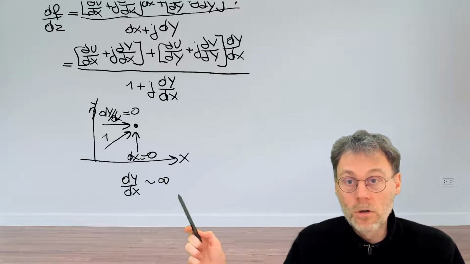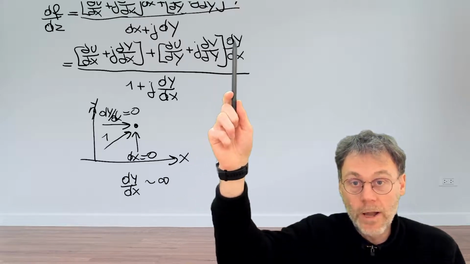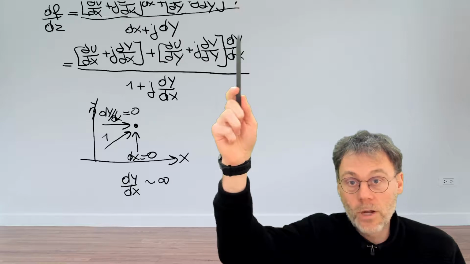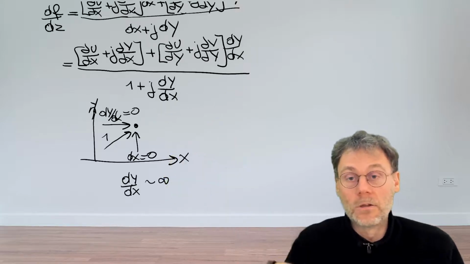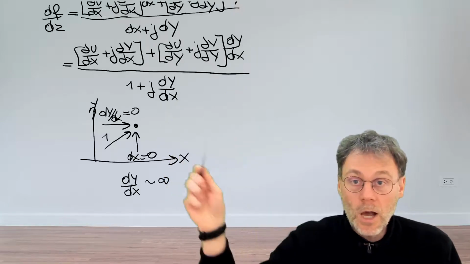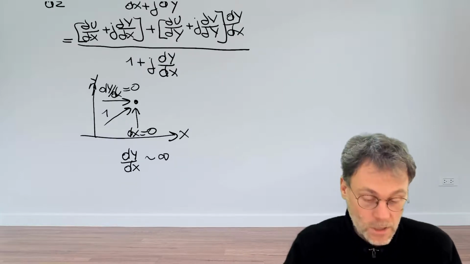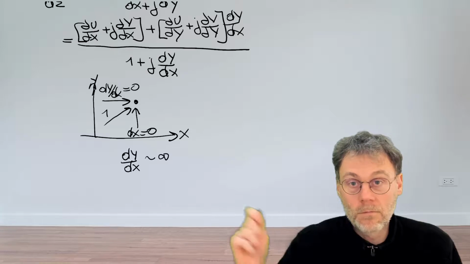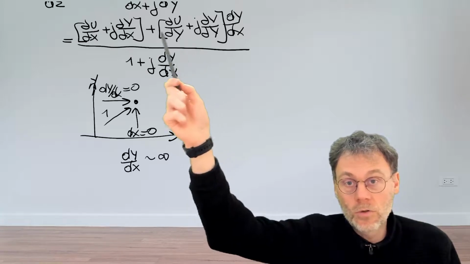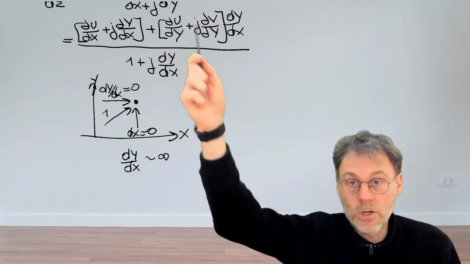So our ultimate goal of today is getting rid of this dy over dx, which we find here in the numerator and also there in the denominator. So how do we achieve this? We still have our secret weapon, which are the Cauchy-Riemann conditions. And let's use the Cauchy-Riemann conditions to transform this particular expression over here.